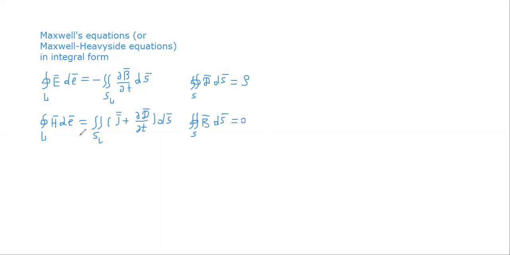And it is also necessary to add connection between electric field intensity and electric displacement vector, D is equal to epsilon 0 E, and connection between magnetic induction and magnetic field intensity, B equals mu 0 H. And it is also necessary to add Ohm's law in vector form.